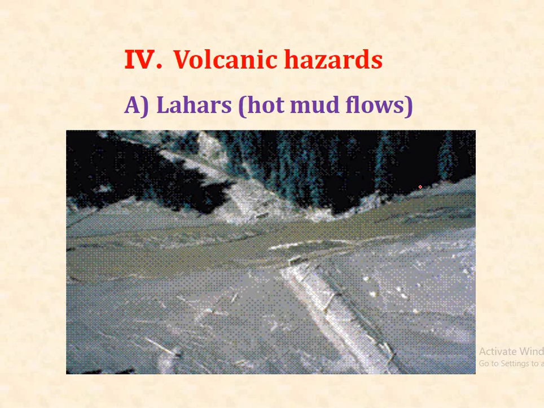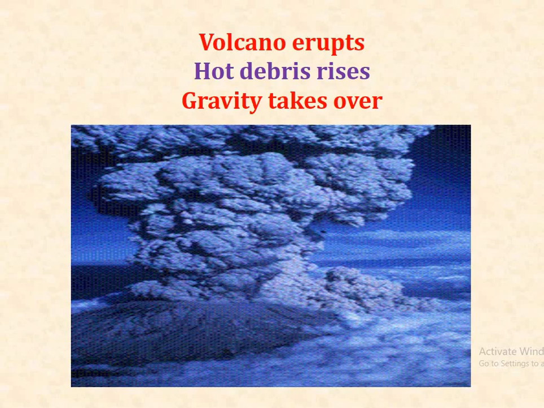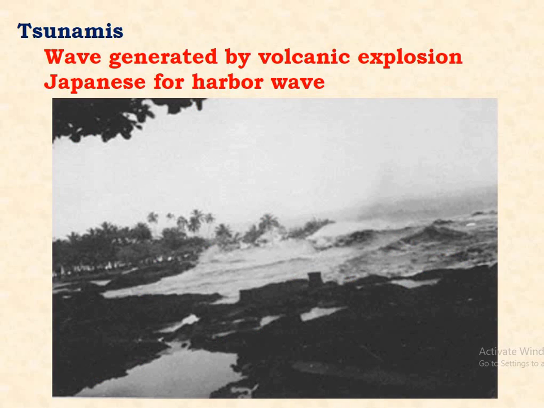Now, what are the volcanic hazards? Lahars, hot mud flows: when a volcano erupts, hot debris rises and gravity takes over. Tsunamis are waves generated by volcanic explosion, Japanese for harbor waves.